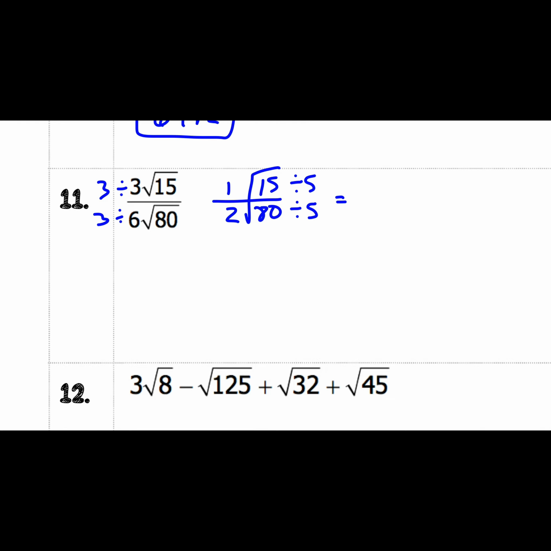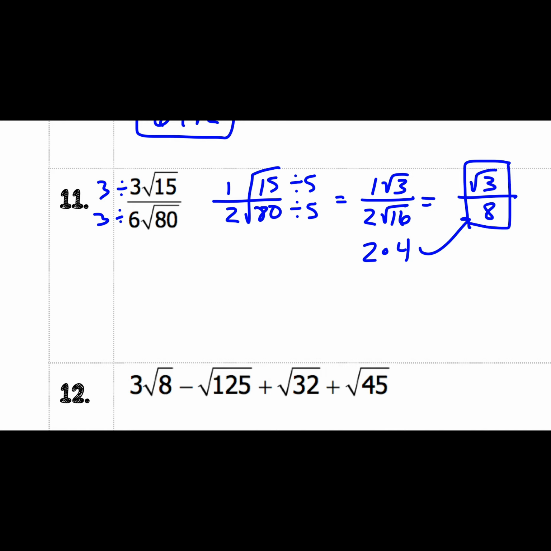Specifically, I know it's 1 square root of 3. 5 goes into 15 3 times. And 2 square root of 16 because 5 goes into 80 16 times. And so this leaves me with square root of 3 in my numerator, and the square root of 16 becomes a 4, 2 times 4, and 2 times 4 gives me 8. So my final answer here would be square root of 3 over 8.